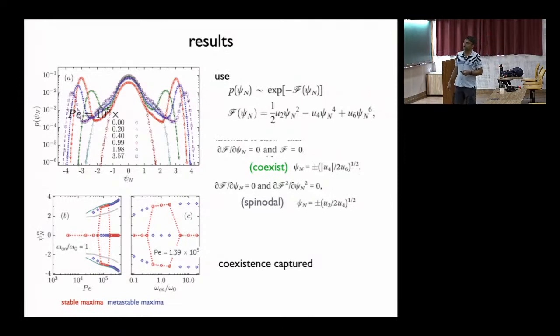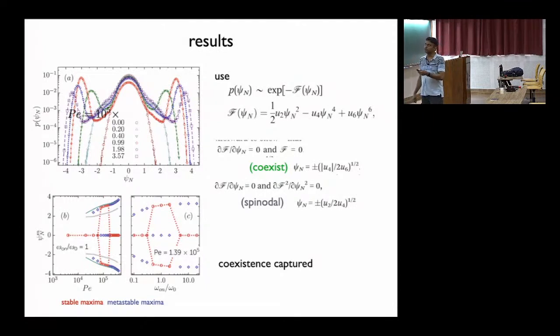Okay, so the first thing we do is characterize these phases. We have the open state and the spiral state. Characterization is simple. I can just take a probability distribution of this turn number, psi n. If the turn number is peaked around 0, some distribution around 0, we call that an open chain essentially. But if the turn number is non-zero, then of course it's in a spiral state.